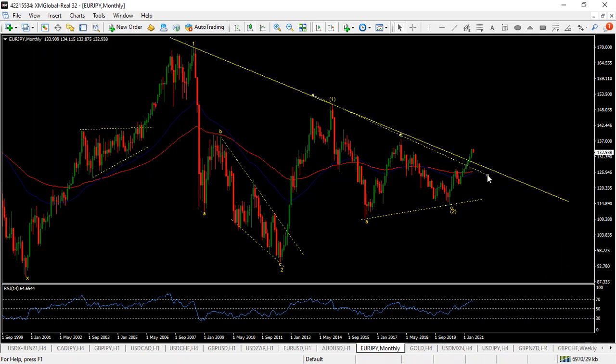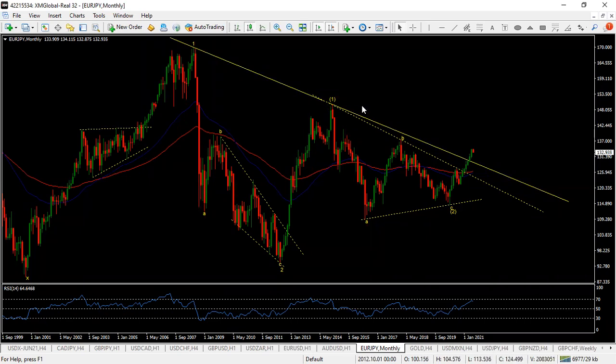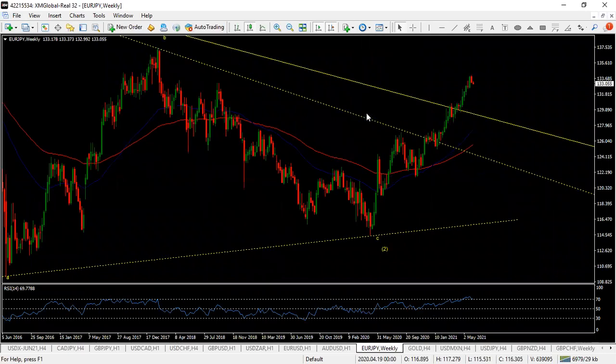There is that 2 there. So that's the ABC that we're getting. So don't get lost. The yellow one is the main one from the monthly, and this one is from the structure which was formed just here. Okay, let's go now to the weekly.